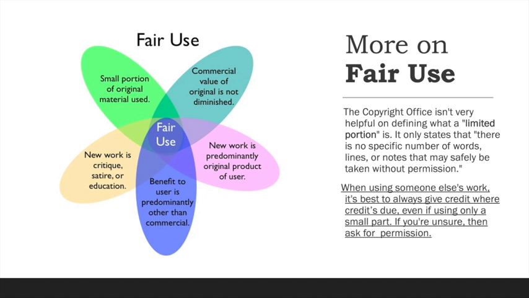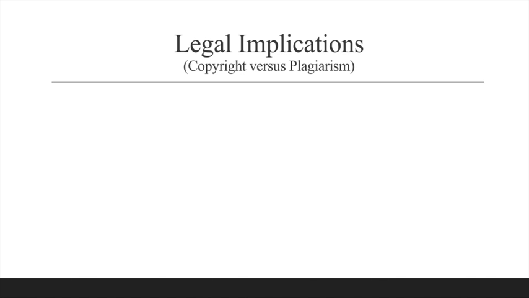If you're unsure, then ask for permission. And so how do we ask for permission when we are trying to cite the work within the context of writing our papers?